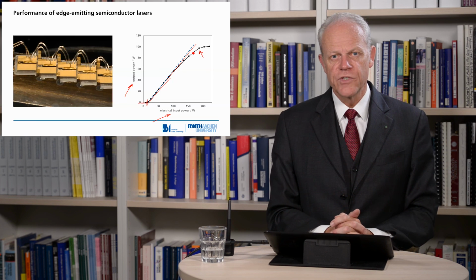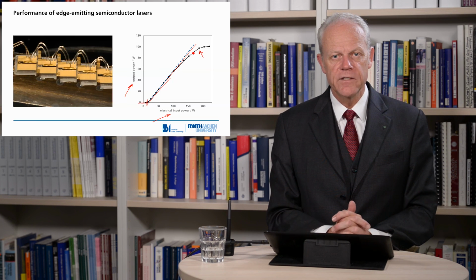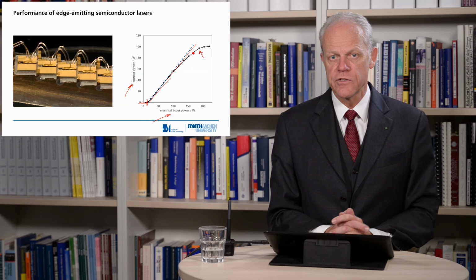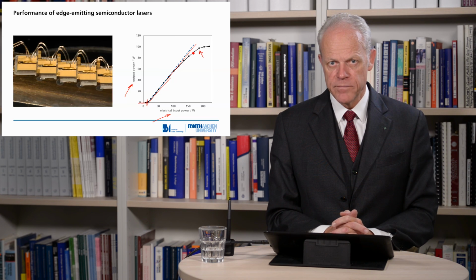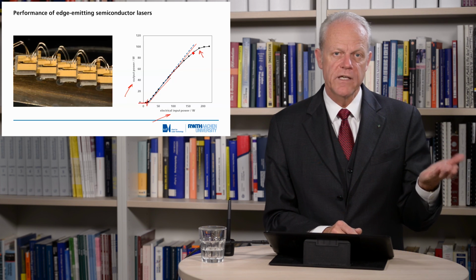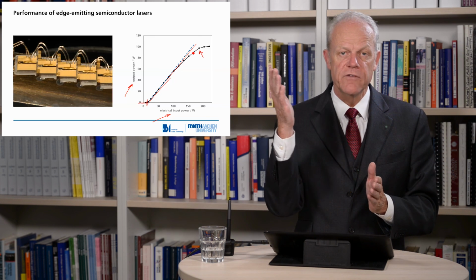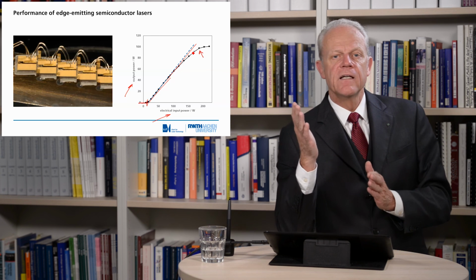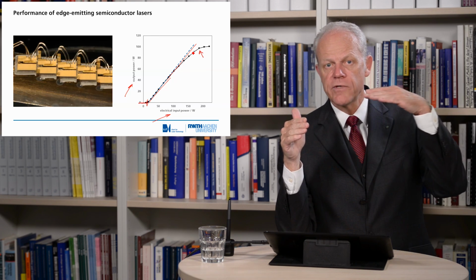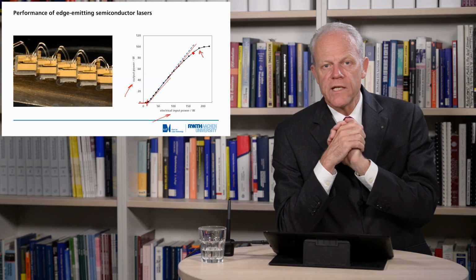So, as a result, we now have a rather simple model to describe, at least in a stationary state, the dependence of the number of photons on the pump intensity. And the result is, under the threshold we have no photons, over the threshold we have a linear increase in photons under a saturated population inversion.